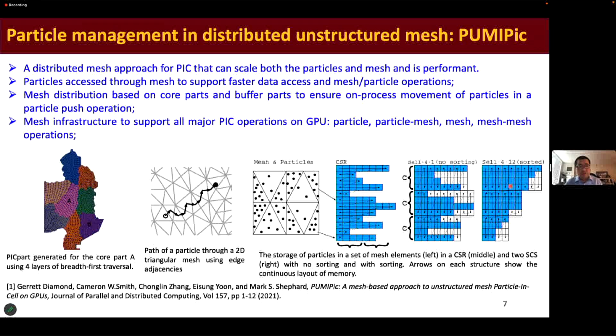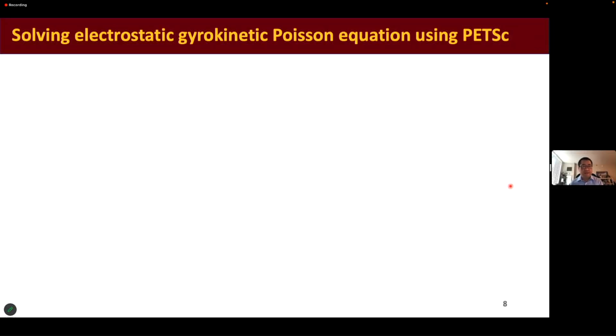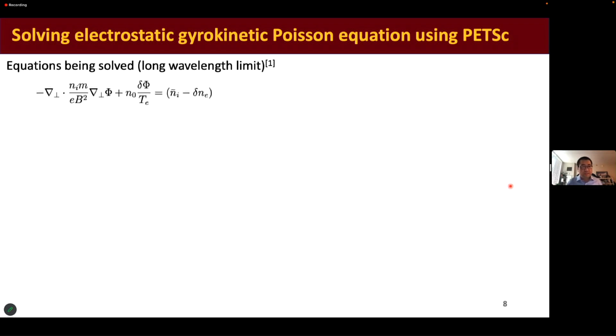So now let's talk about how to solve the electrostatic gyrokinetic Poisson equation using PETSc. The equation being solved has the electrostatic potential, with some guiding center density.